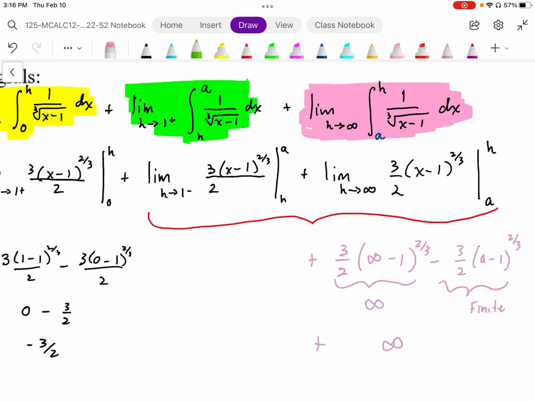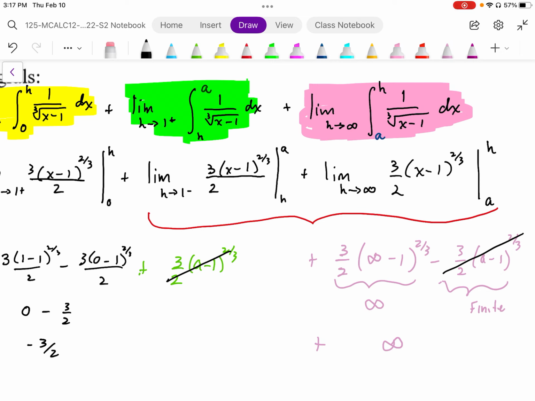We can also just figure this part out as well, the green part. If we keep this expression in here, this is going to work out to be plus 3 over 2, and I'm going to plug in my A value here, so I end up with A minus 1 to 2 over 3. So these actually will cancel out.